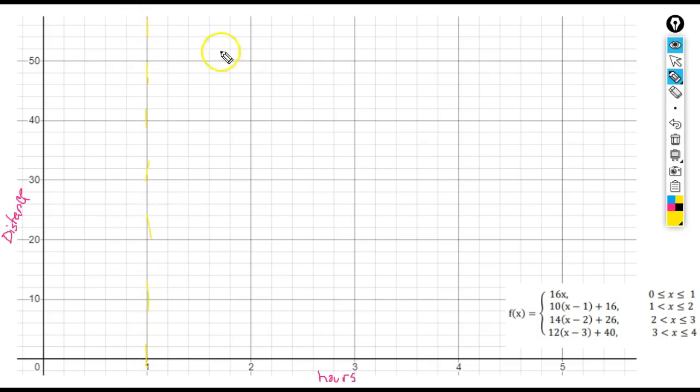The next interval is from 1 to 2, so I have another interval here. And then I have another interval from 2 to 3. So I've got an interval here. And then our last interval is from 3 to 4.